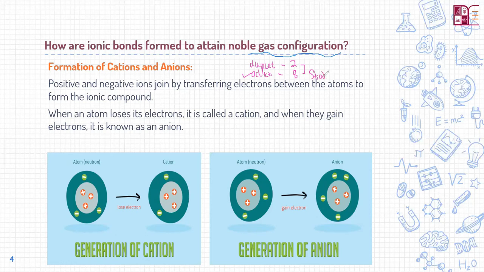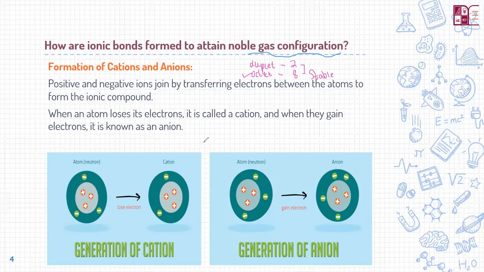When they're stable, they will be involved in very few reactions or mostly no reactions. Because they're stable, they don't need to react with any other atom to attain a noble gas configuration. This is why bonds are formed, and that is the reason only the valence electrons, those electrons in the outermost shell, are involved in the formation of chemical bonds.